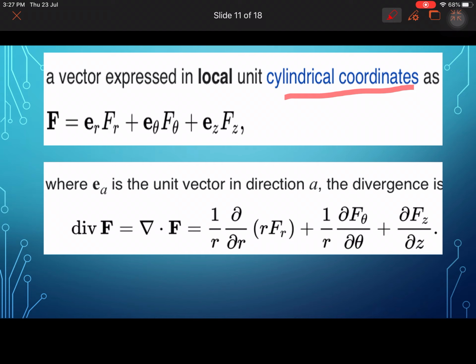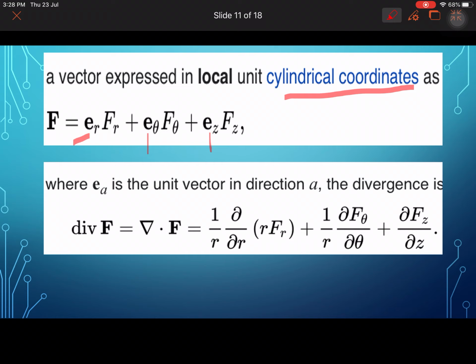So what are these? I will explain. er, e theta and ez are the unit vectors along r, theta and z.